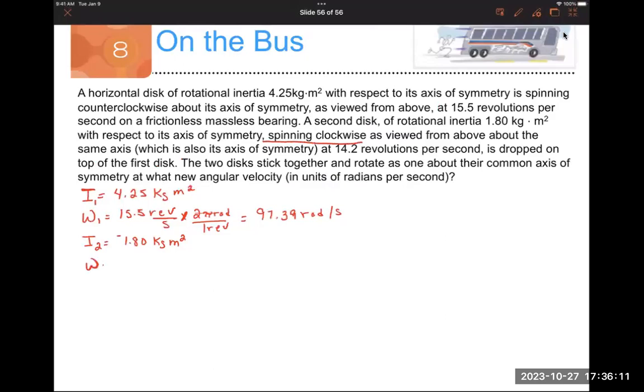So omega 2 is going to be 14.2 revolutions per second. So again, we're going to convert that using 2 pi radians is 1 revolution. And that's going to give us 89.22 radians per second.